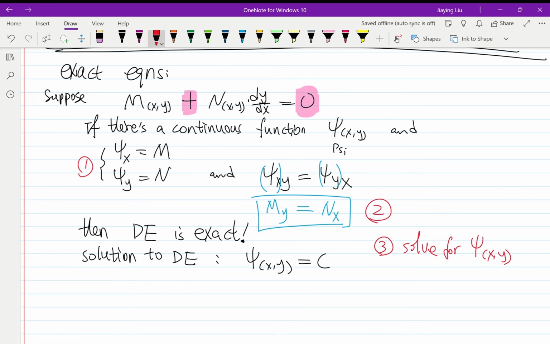To solve for it, we use the equations from step 1 when we list psi x and psi y, so using psi x equals M, psi y equals N. Step 4, you just write down the solution by adding a c to the other side. That's how we find the solution to the differential equation.